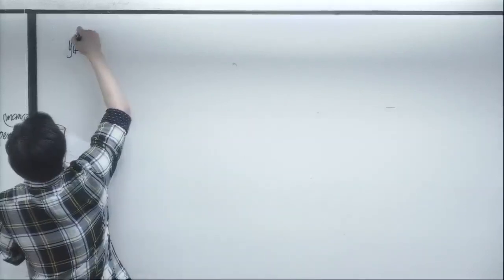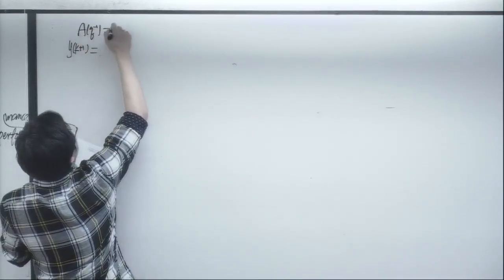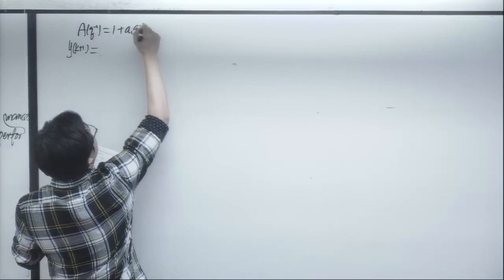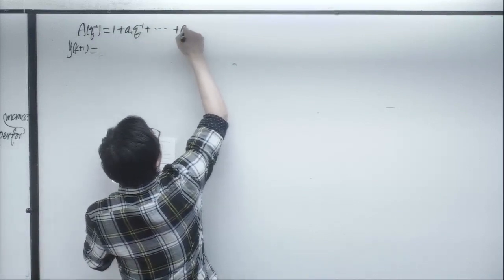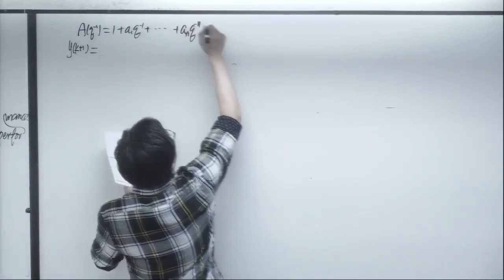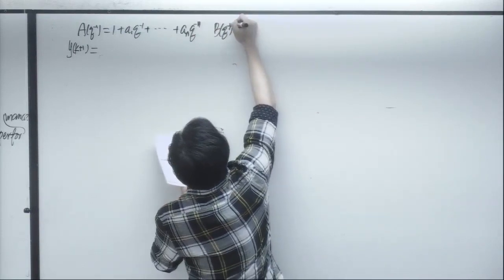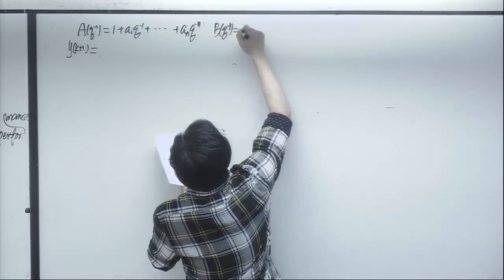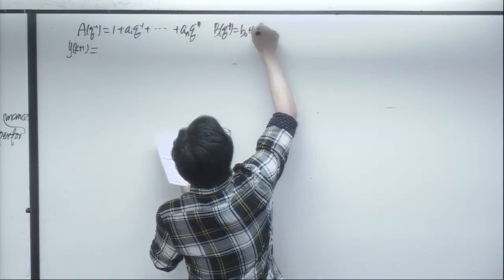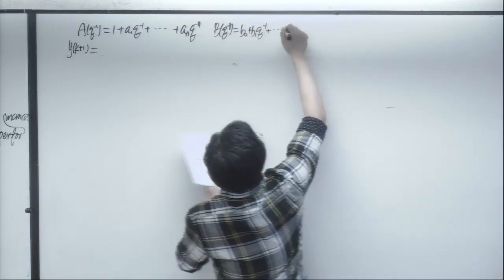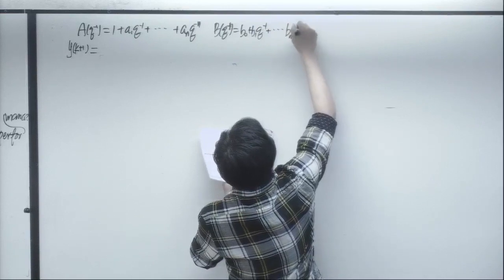So let's say A is 1 plus A1, etc. And B is B0, B1 to Bm.